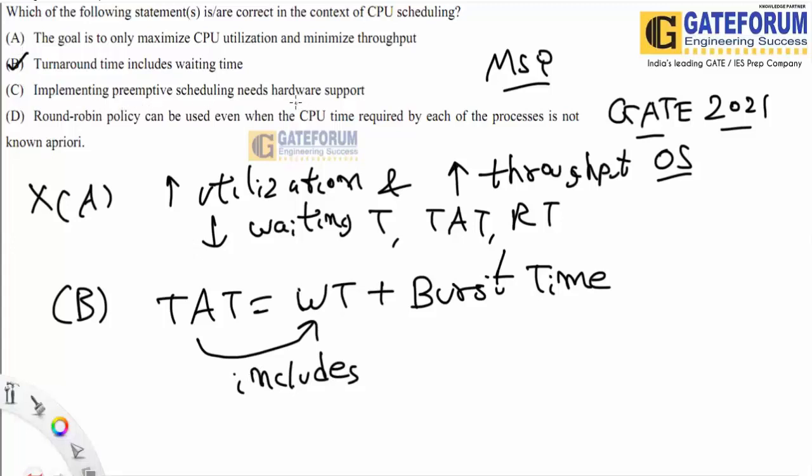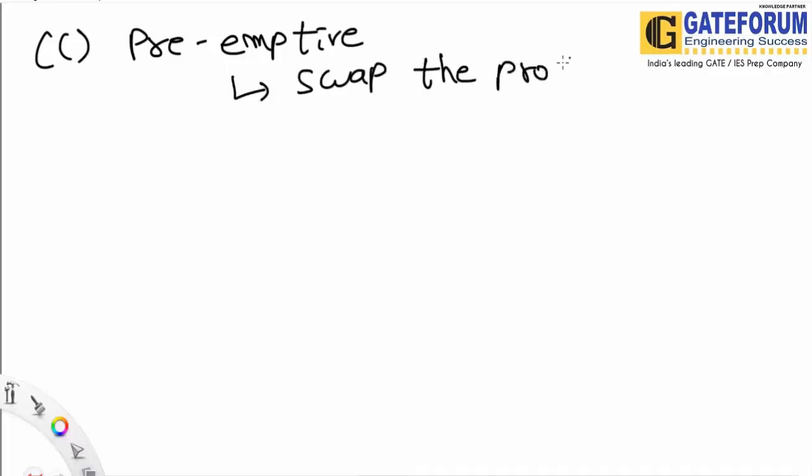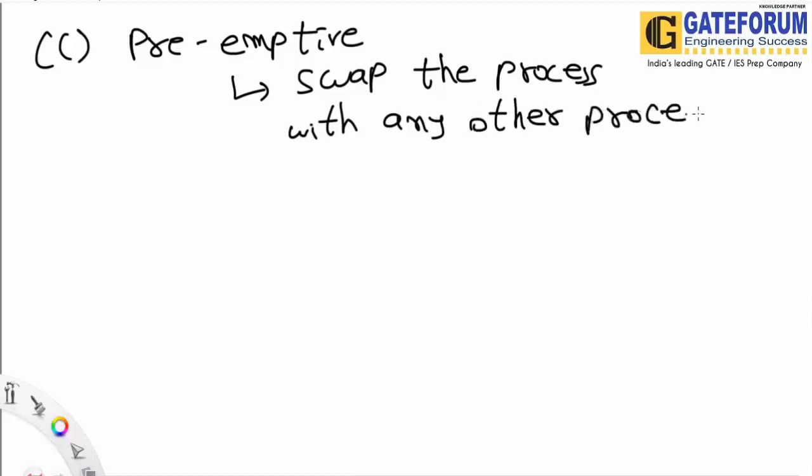Implementing preemptive scheduling requires hardware support. In option C, whenever we do preemptive scheduling, it means that we need to swap the process with any other process based on the requirement, based on the priority.